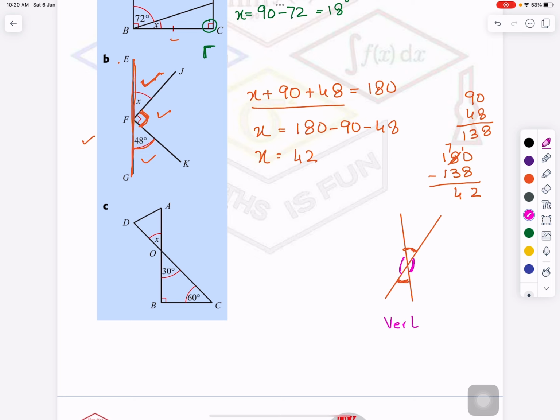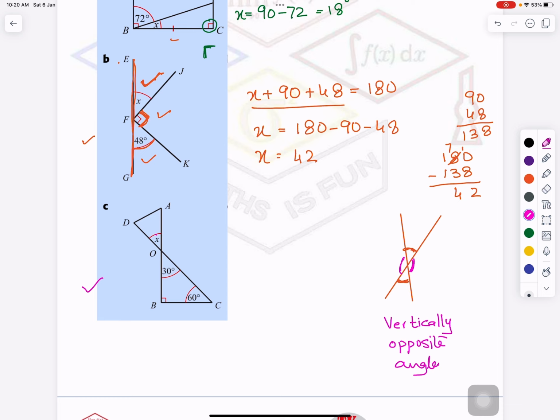It is called vertically opposite angles. Right. So now if I look at this diagram, and I have to answer what the value of X is, I can say X equals 30 degrees straight away. I don't need to do any working here because they are vertically opposite angles.